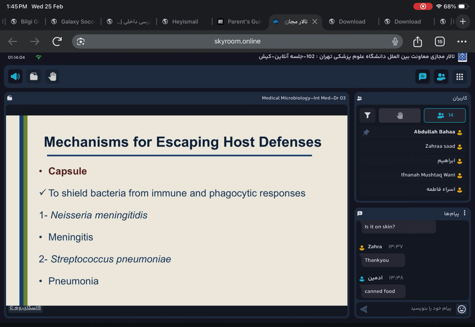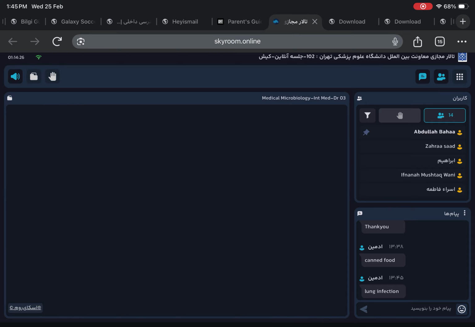Or we have Streptococcus pneumoniae, a gram-positive bacterium. As you can judge by its name, it can cause pneumonia, which is lung infection. Again, this bacterium has a capsule, which protects it from the immune system.